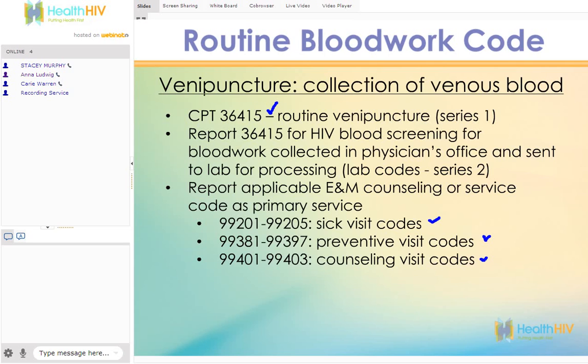Remember to also include a modifier, unless, of course, your payer decides that they don't want you to include a modifier. Modifier 25 would be appended to one of the services at the bottom of the screen. We'll see modifiers in a couple of slides.